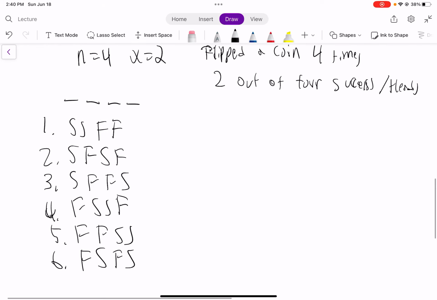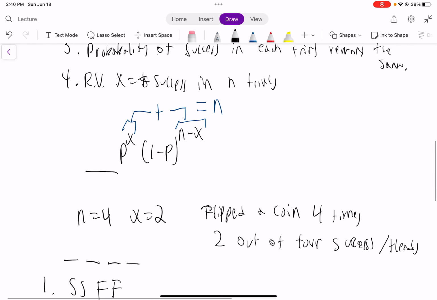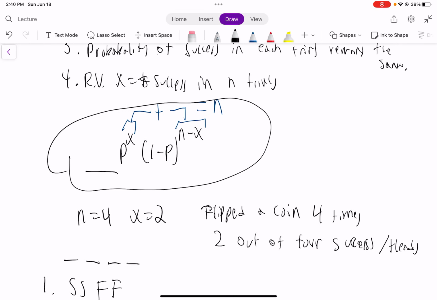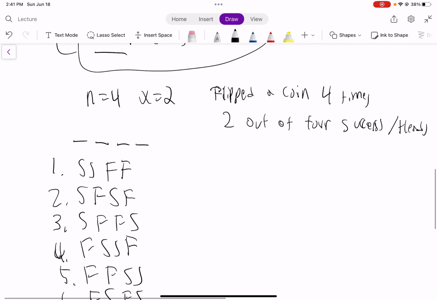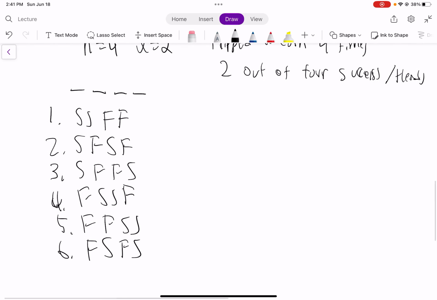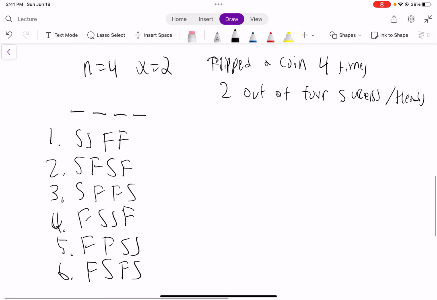And we must multiply what we have right here by 6. But if we change n and we change x, every time the number is going to change. So how do we find the number? We want to find the number of ways we can permute 2 groups such that 2 of them are successes and 2 of them are failures, or 3 of them are successes and 1 is a failure, or the n could change.